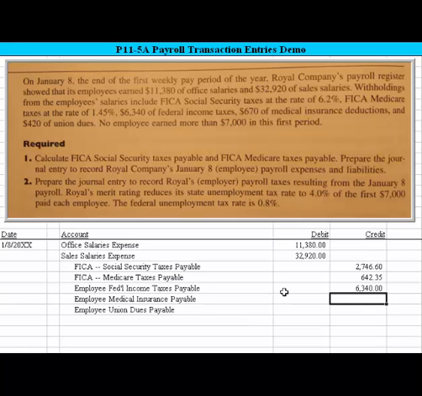And these are just given right in the problem. It's $670 for the medical insurance. The union dues is $420, and that's the amount that we're going to withhold. And the rest we have to fund, and that will come from our accrued payroll payable account.